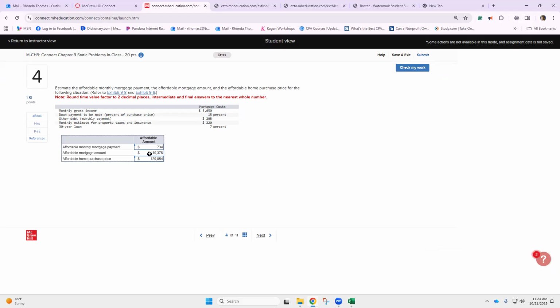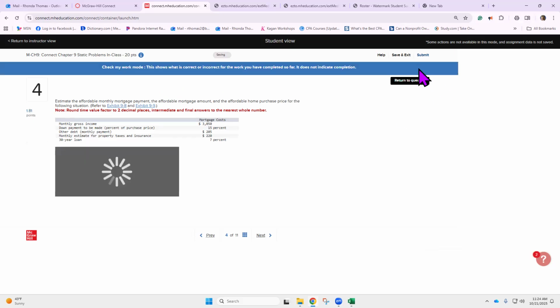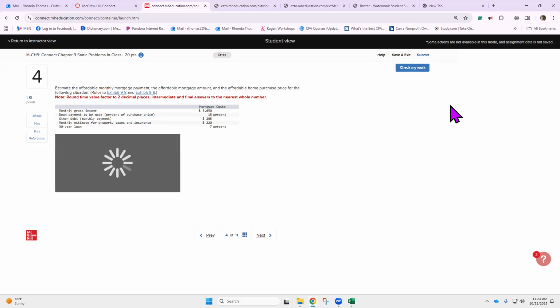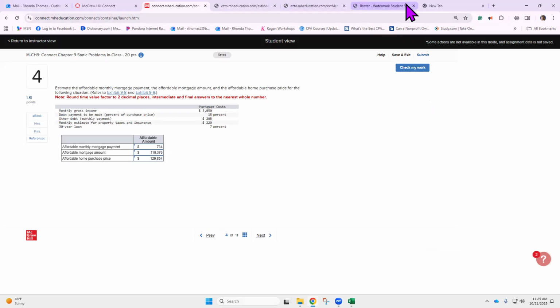And that mortgage over 30 years at a 7% rate is about a payment of $734 a month. So once again, we found the payment per month, then we found the mortgage amount, and then we found the purchase price. That might seem backwards, but based on the tables that we had to use, it isn't.